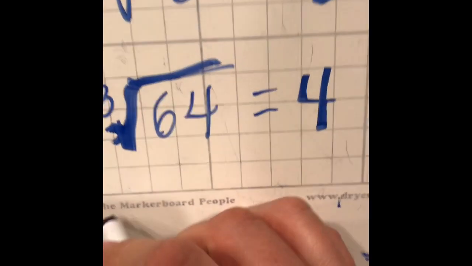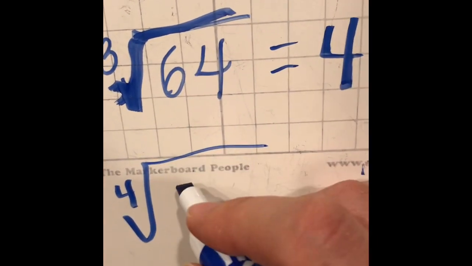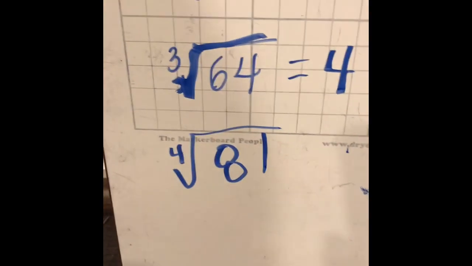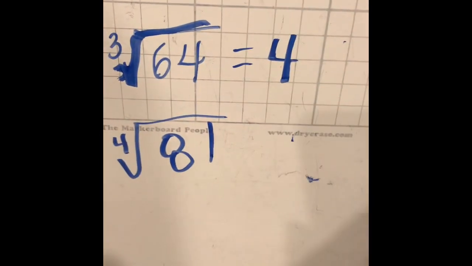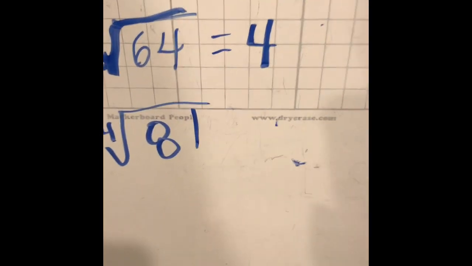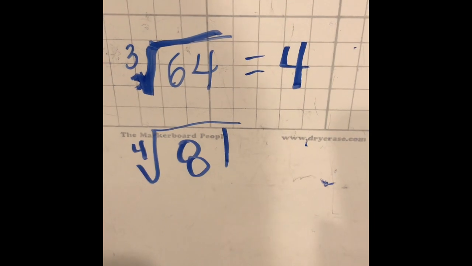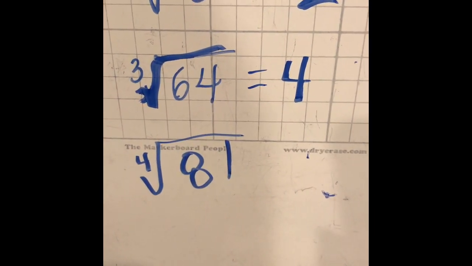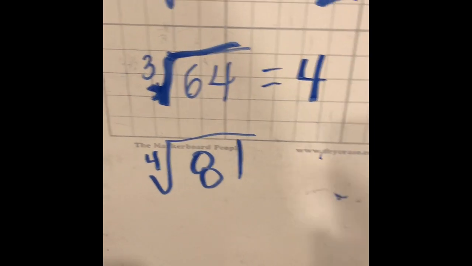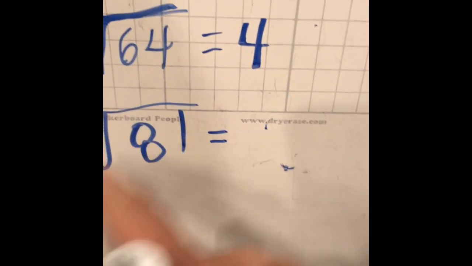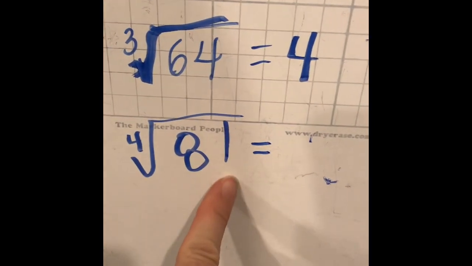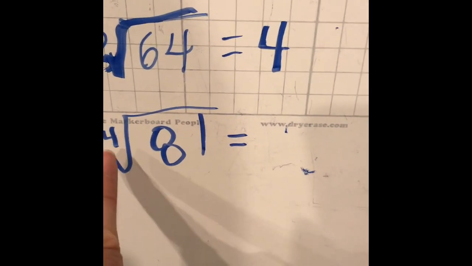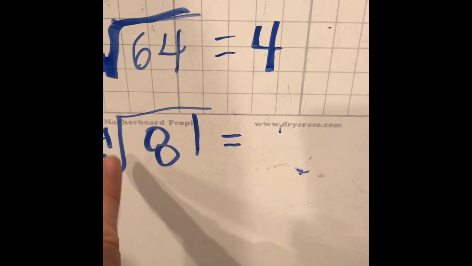What about the fourth root of 81? Now we have an odd number under the radical sign, so it's going to be an odd answer. Think of what can go into 81. We know 9 can go into 81. 9 times 9 is 81, but we want a number multiplied by itself 4 times.